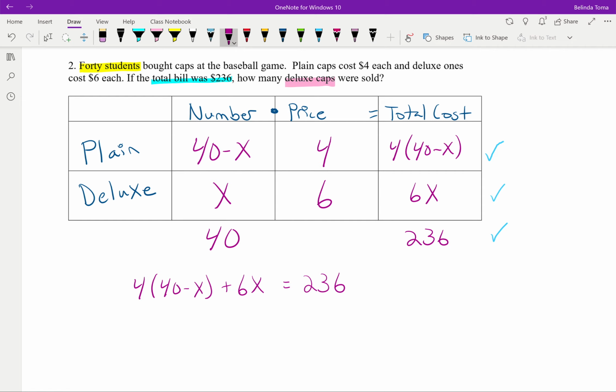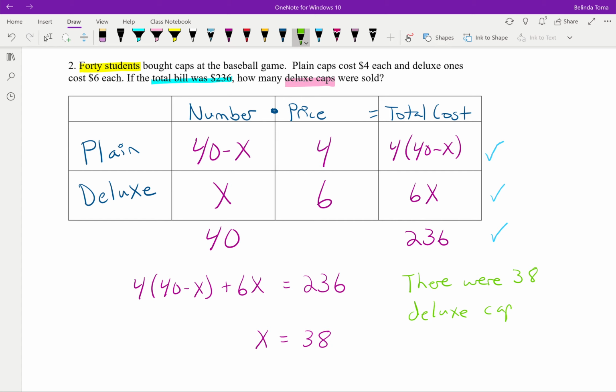My hope is that you see how closely that resembles the last question. All right, so again, I'm going to leave the solving to you, and just know that when we solve, we're going to get x is equal to 38. Because we made our variable what they were asking for, we can go ahead and just say there were 38 deluxe caps sold.